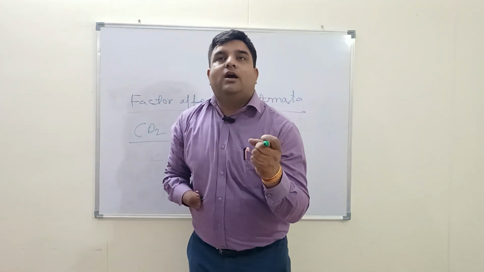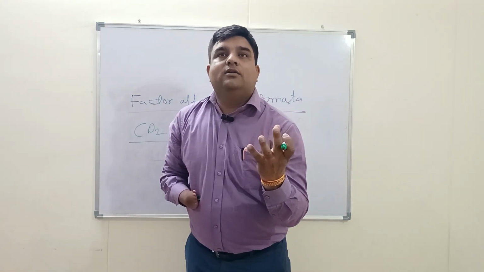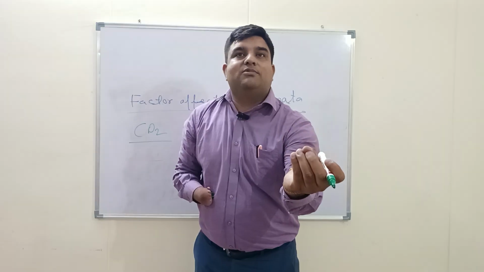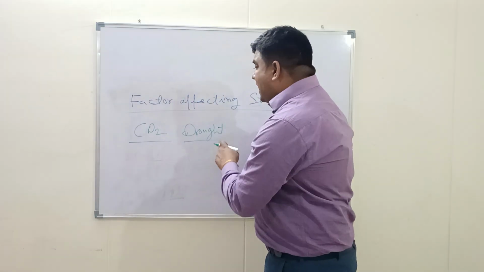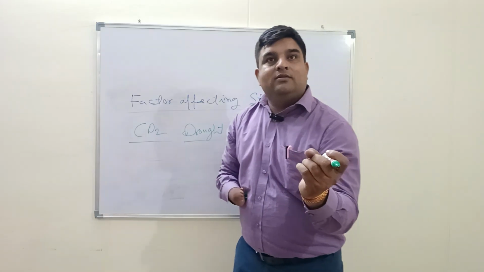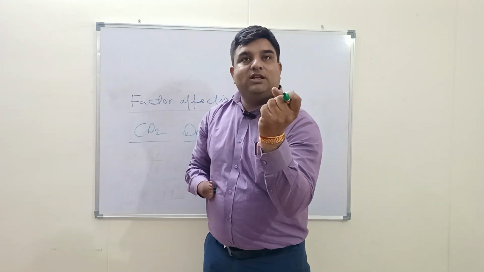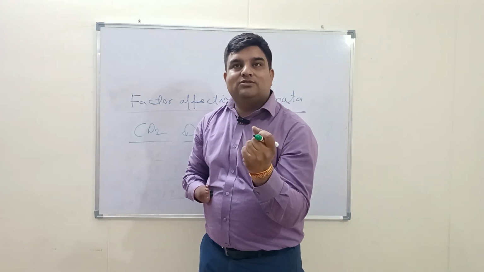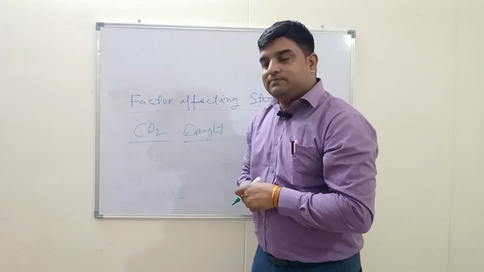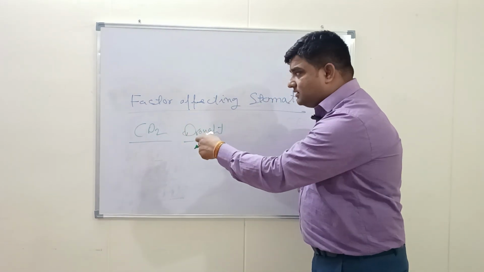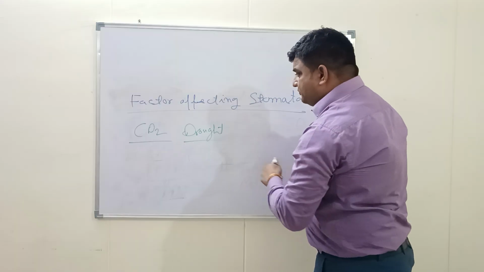Drought also acts as a negative regulator of stomata. It suppresses the stomatal number and also reduces the stomatal aperture size. So it is also responsible for the closing of stomata, which I will discuss at a later point.